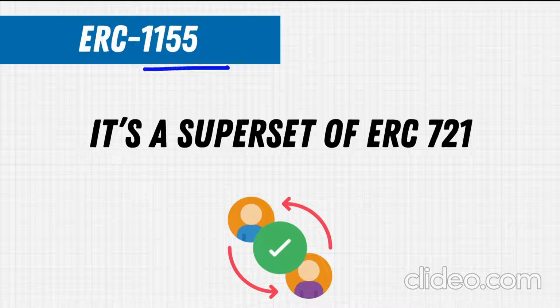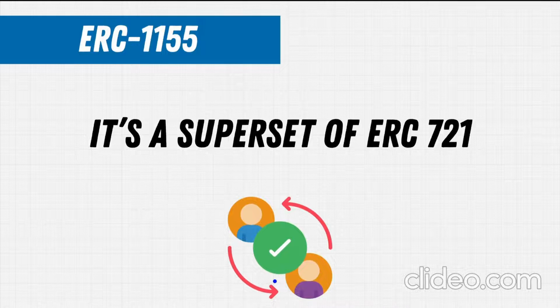In ERC-1155, you can hold asset classes. So if you buy 10 digital art pieces from the same project, now in ERC-1155, you can hold all of those 10 together and you can sell them together. You can transfer them together. So it's cheaper. You don't have to pay as many gas fees going back and forth because you can sell them in bulk.